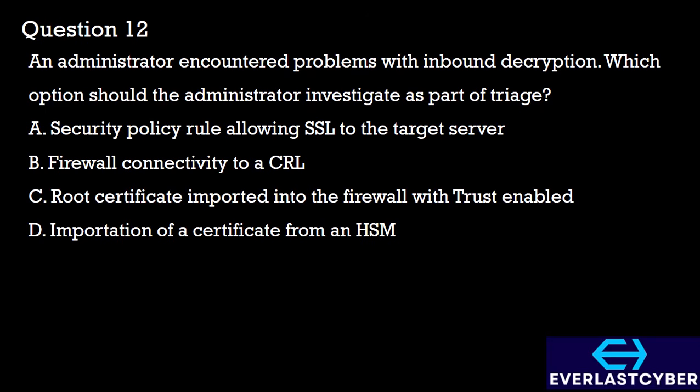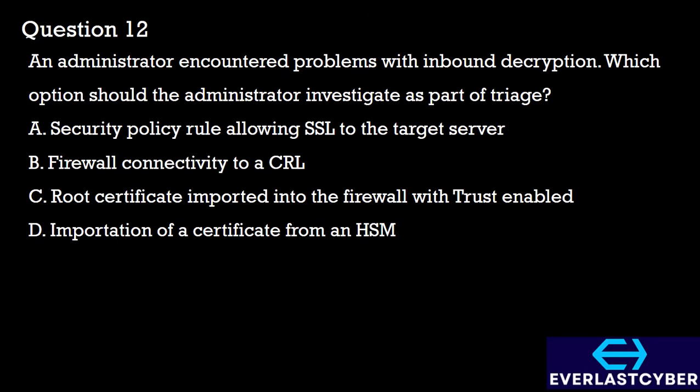In option A, while security policy rules can impact the ability to allow SSL traffic, they are not the primary cause of issues with inbound decryption. The primary issue with decryption usually lies in the certificate trust or configuration rather than the security policy itself. In option B, the certificate revocation list is used to verify that certificates have not been revoked.